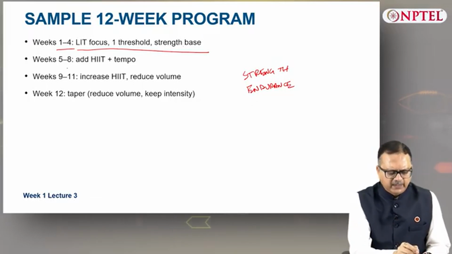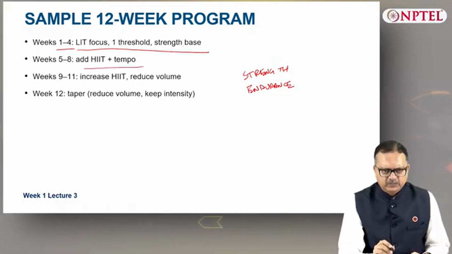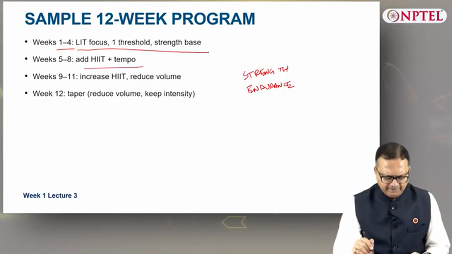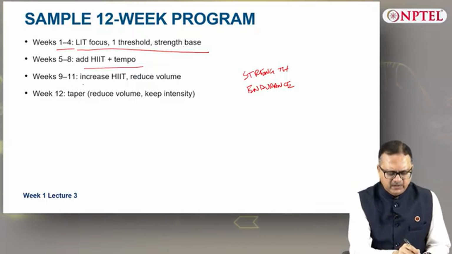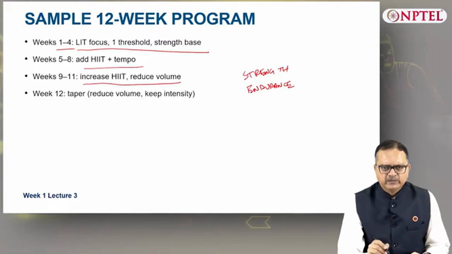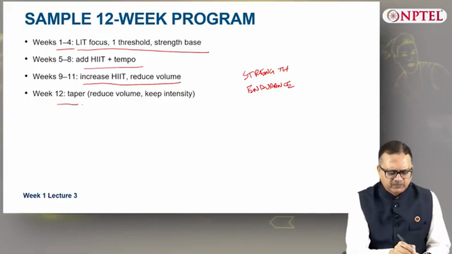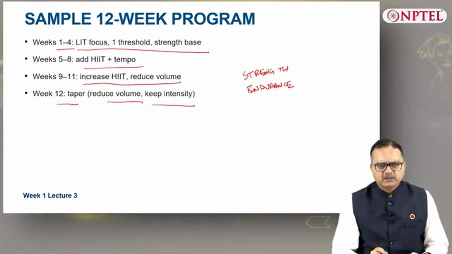Week 5 to 8, add HIT and tempo training because the athlete has already reached a particular level. Week 9 to 11, increase the HIT but reduce the volume. Week 12, because you are close to the competition, start tapering, reduce the volume but keep the intensity.